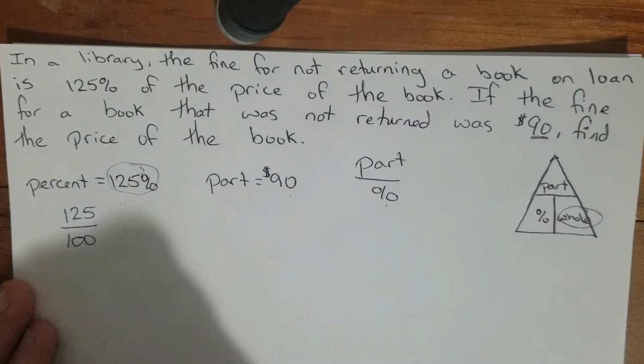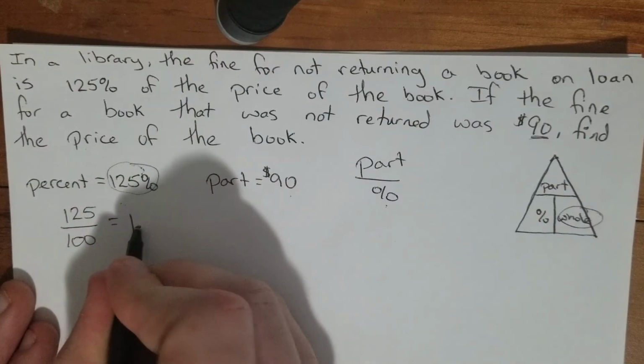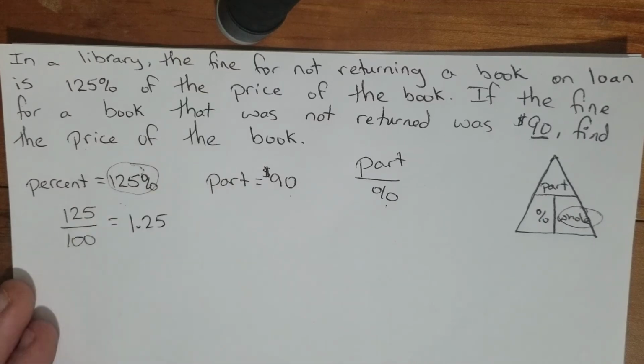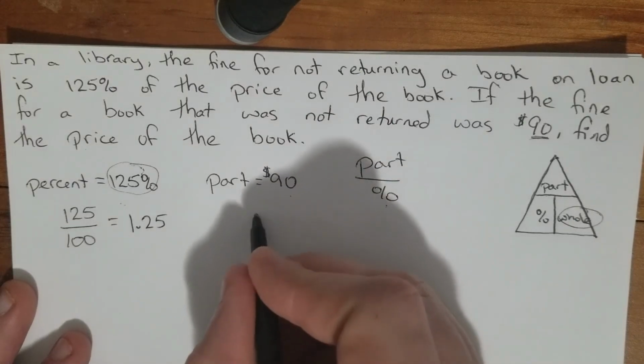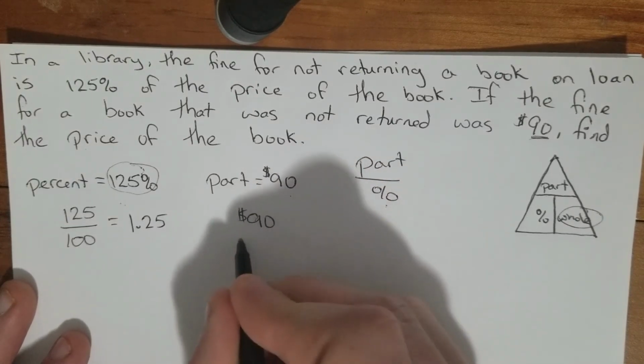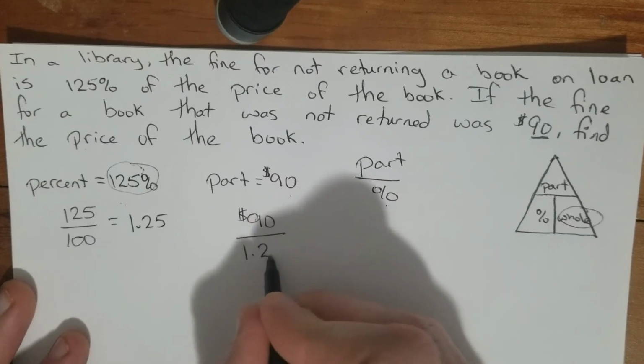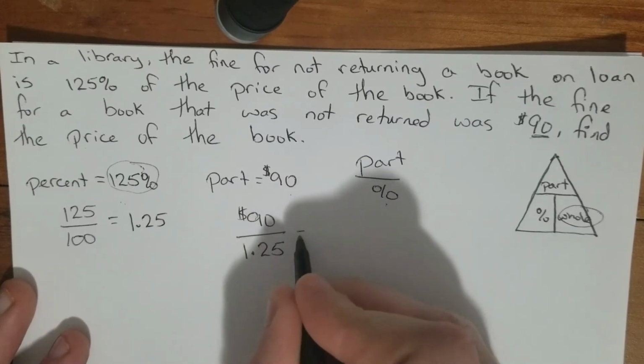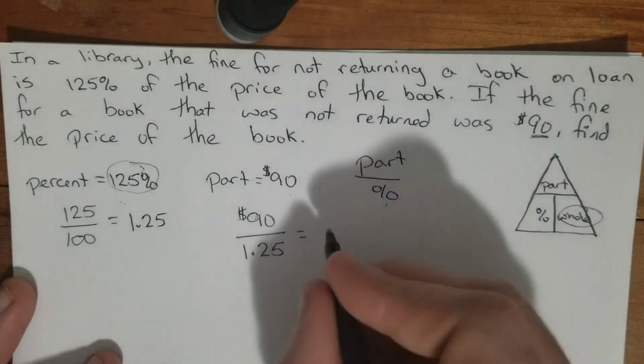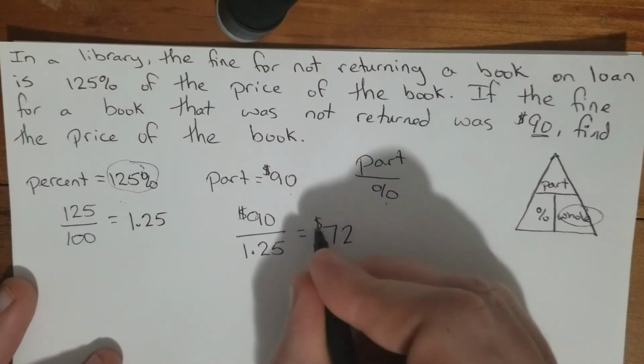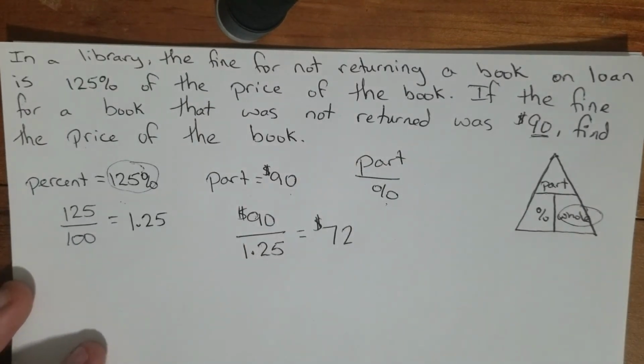When I divide those two, I end up with a decimal of 1.25. Now that I have that, and I already have my part as a value, all I have to take is the part, $90, divide it by the percent as a decimal, 1.25, plug that into my calculator, and I would get a value of $72.